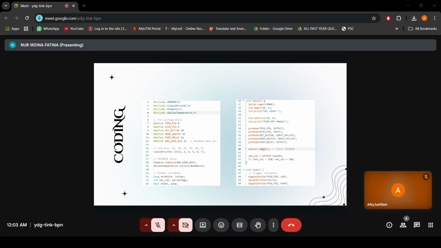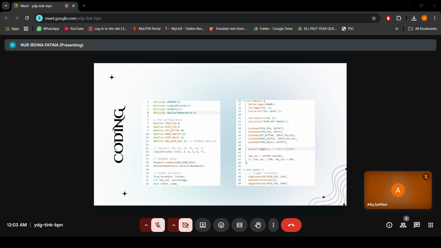Each pin is defined in the pin configurations. We can see here line by line, in order to explain and also to ensure the flow of the sensors and microcontroller is aligned with the certain values that we put.